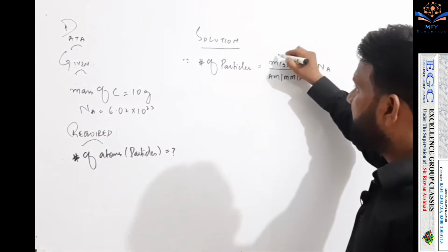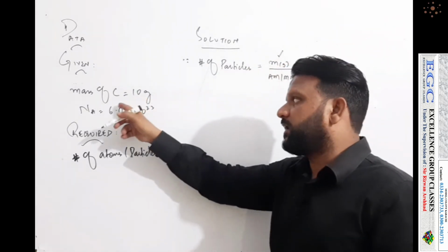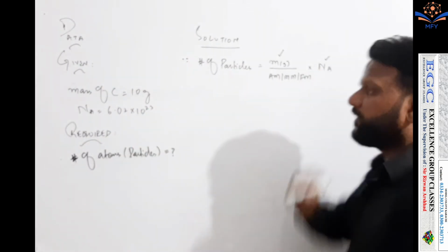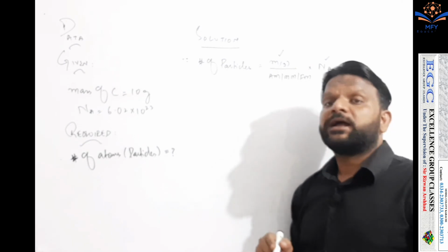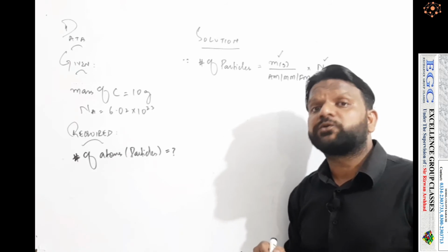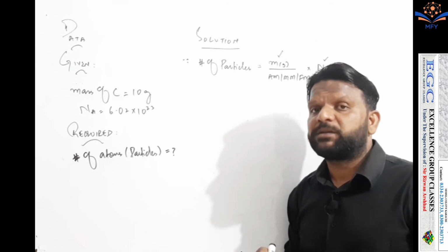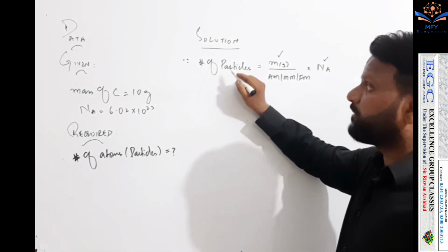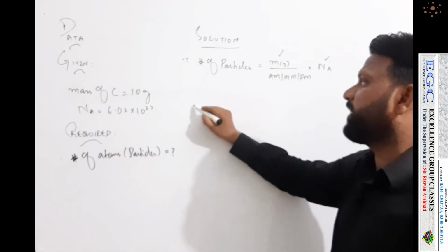We have given the mass of carbon as 10 grams and Avogadro's number 6.02 exponent 23, while we will use atomic mass. Atomic mass of carbon will be given in the paper, which is equal to 12 AMU, atomic mass unit. Here we can write number of atoms in place of number of particles.